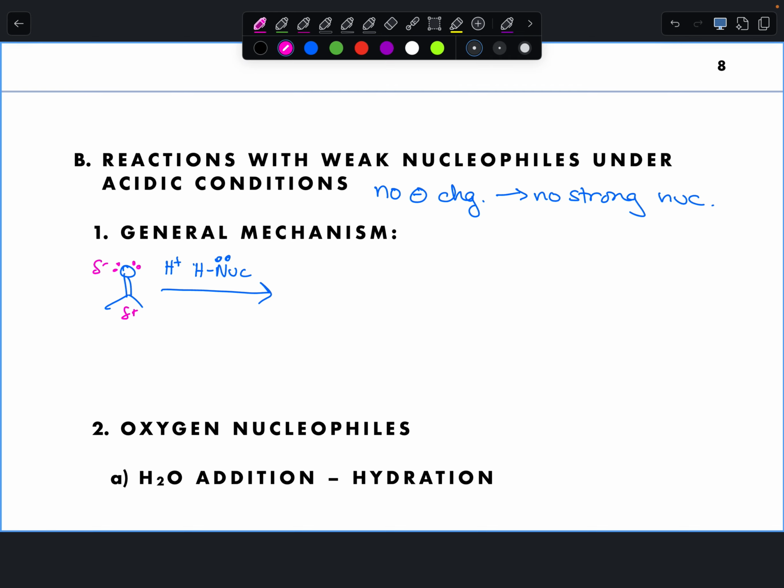Okay. So your sugar, actually, I don't know if you guys talked about this at all. Your sugar exists in two forms, an open form and a closed form. The open form is an aldehyde or a ketone, depending on the sugar. Closed form, hemiacetal. So it is the back and forth of this equilibrium that's happening.